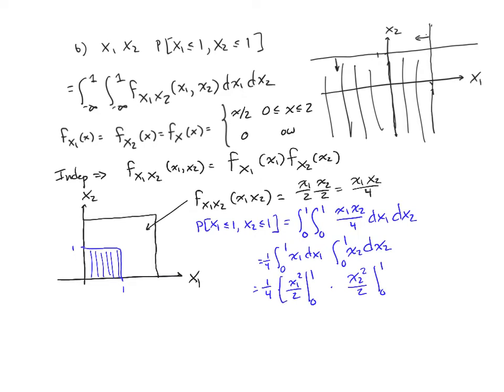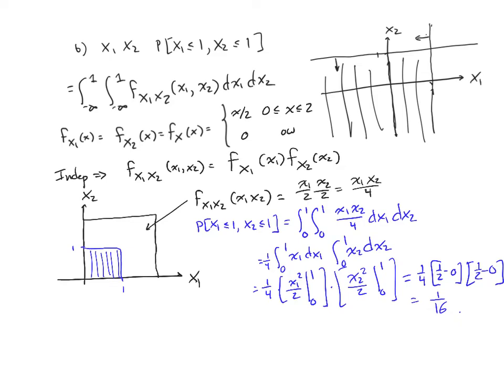If we want to be careful, we could put parentheses around these. And so this is equal to 1/4 times 1/2 minus 0 times 1/2 minus 0. And so the answer is 1/4 times 1/4, which is 1/16.